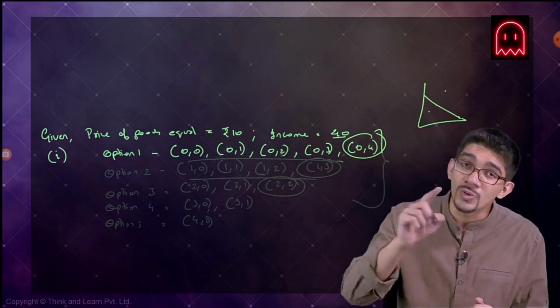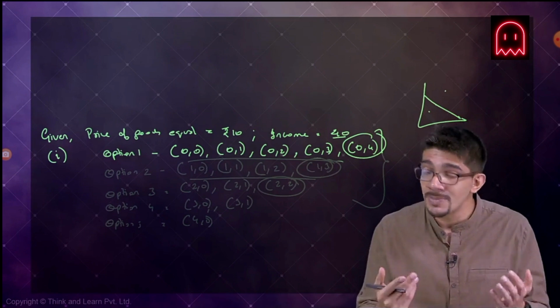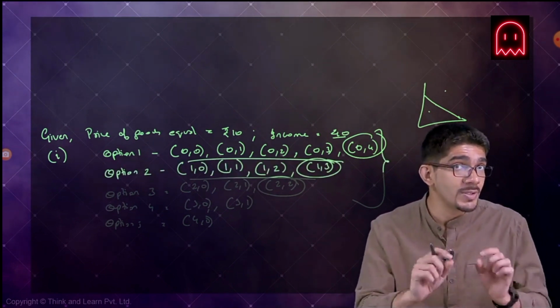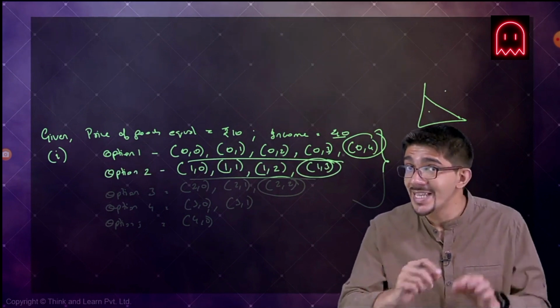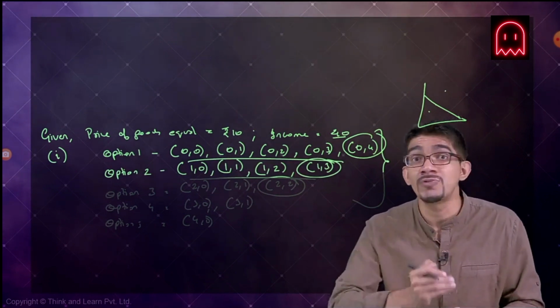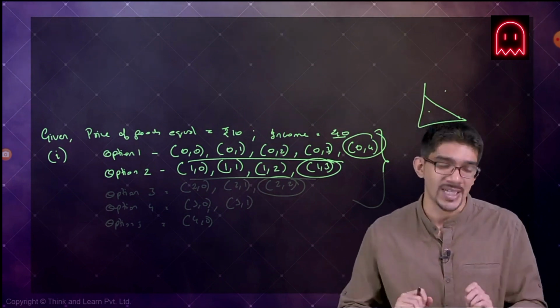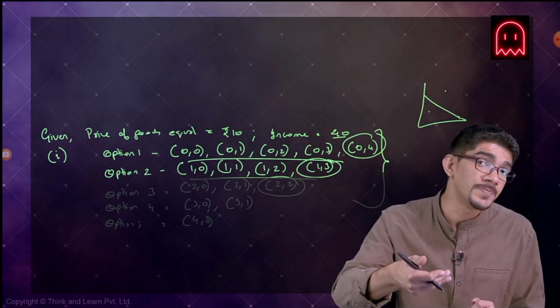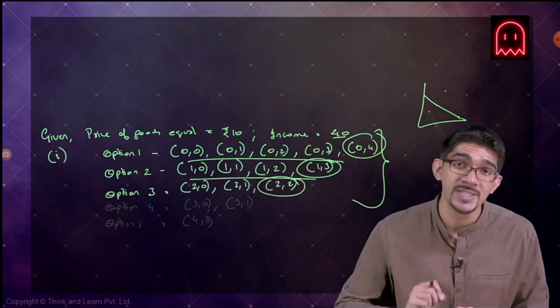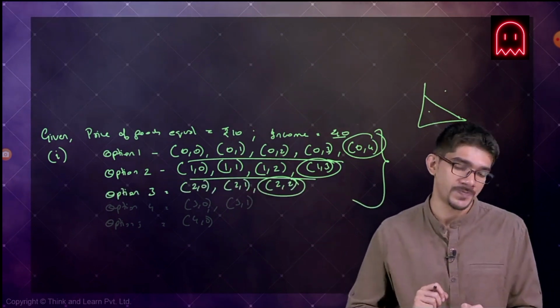Now if we fix good 1 at 1, what combos are possible? 1, 0, 1, 1, 1, 2 still possible, 30 rupees. 1, 3 has become 40 rupees now. We hit the budget line. Further is not possible. 1, 5 is not possible. So that becomes a set. Then we increase good 1 to 2. Then 2, 0 is possible, 2, 1 is possible, 2, 2 is possible.